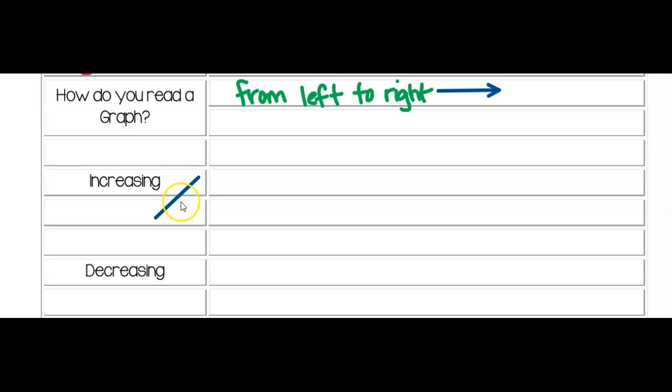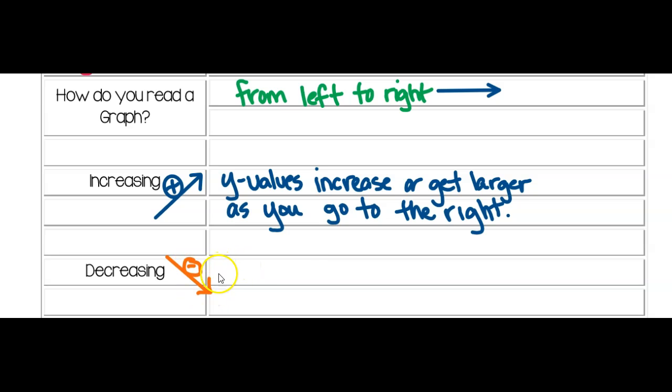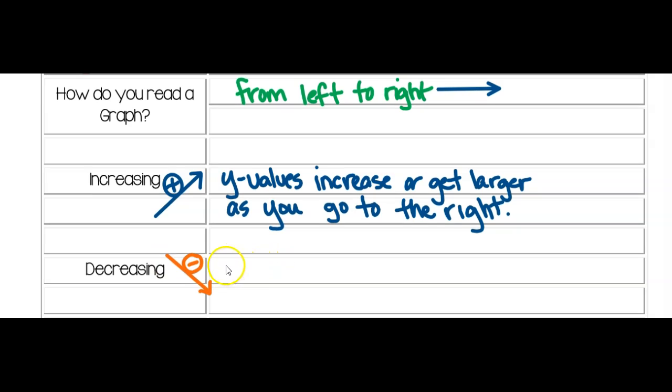So it means as you read the graph from left to right, the y values are going up or getting bigger. So then decreasing is like negative slope. So the y values get smaller or decrease as you go to the right.